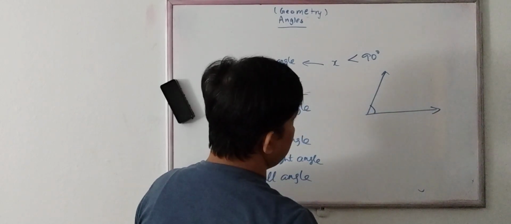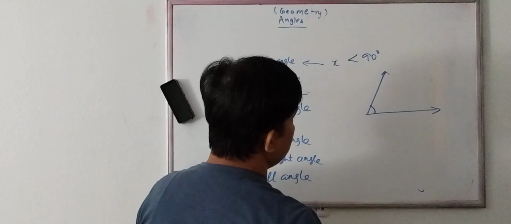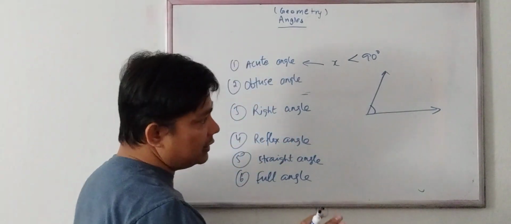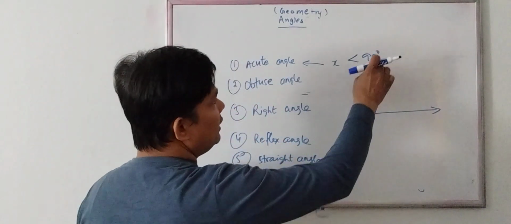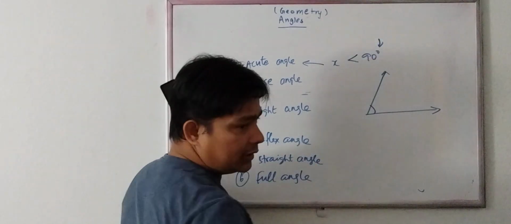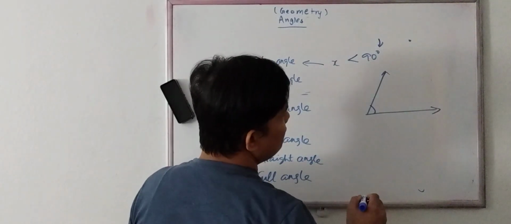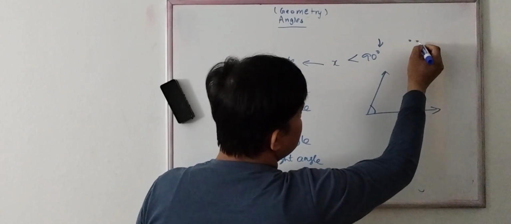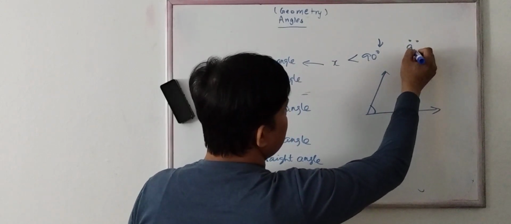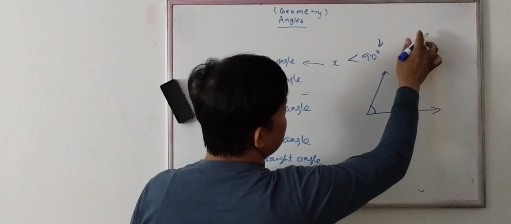This one is less than 90 degrees. Okay, we did not talk about degree. So angle is measured in degrees, and degree is represented by this small dot, a small zero. 90, as I say here, 90 degrees.